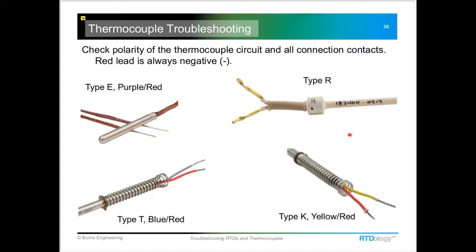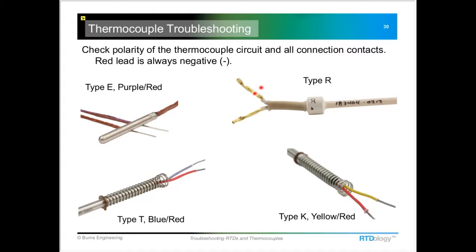Now, on a type R, some of the other high temperature thermocouples, it could be a type S or a type B, as in Bravo, these will typically be labeled differently, like this manufacturer's probe. They just wrote right on the ceramic sheath here that it's a type R, and then they show a plus here, and I assume that means that this lead is plus. Little hard to tell, but they'll have them labeled in some method like that.